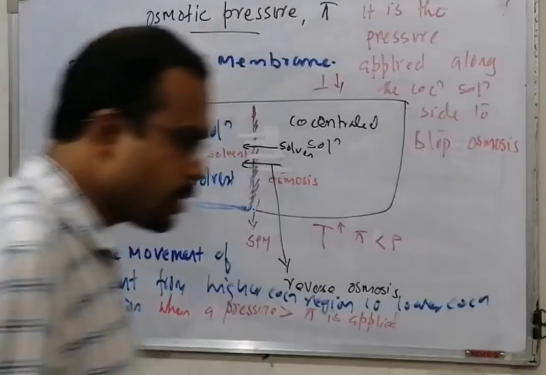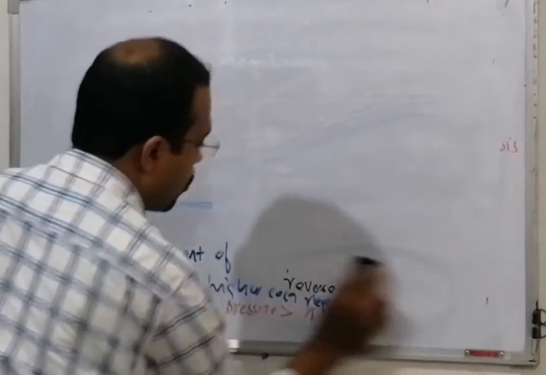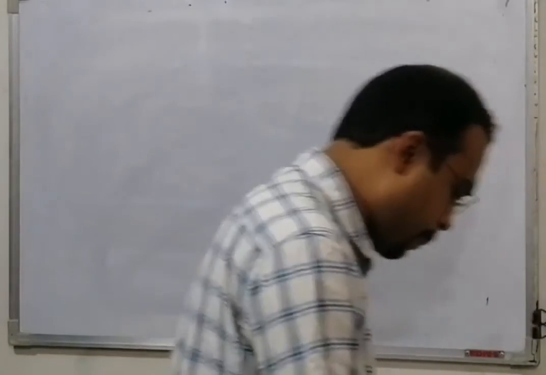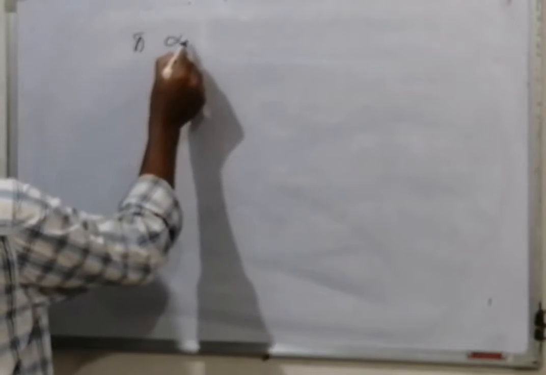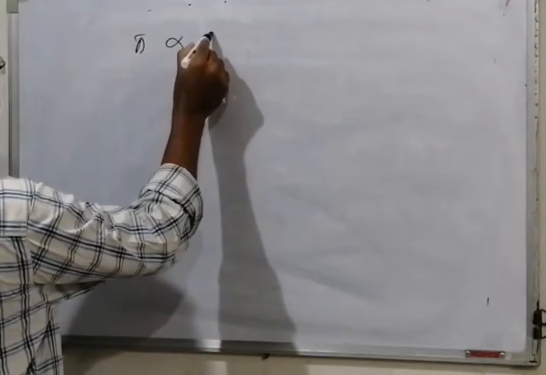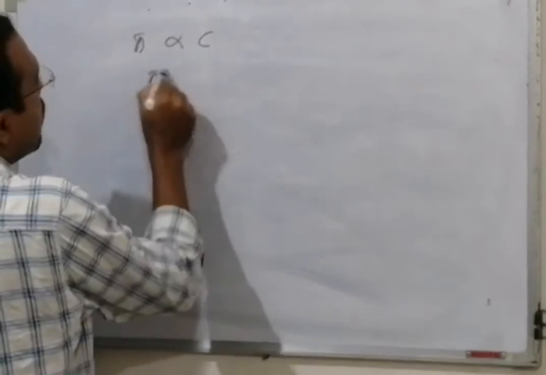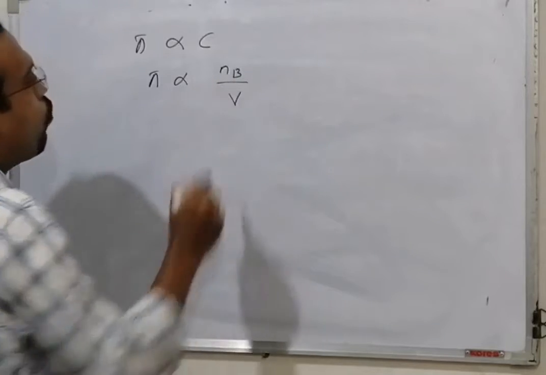You just check it. Now, what is the equation for determining osmotic pressure? Osmotic pressure is also a colligative property, that is, pi is directly proportional to the concentration of the solution, or pi is directly proportional to the number of moles of solute divided by the volume of the solution.